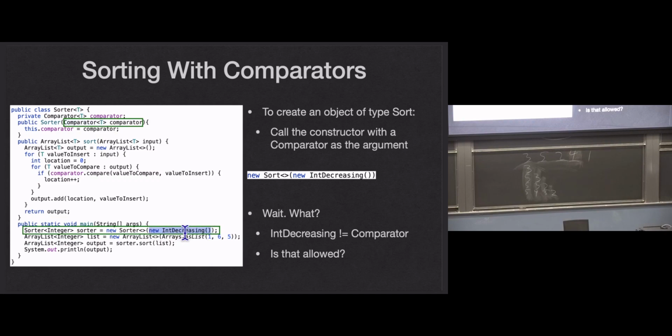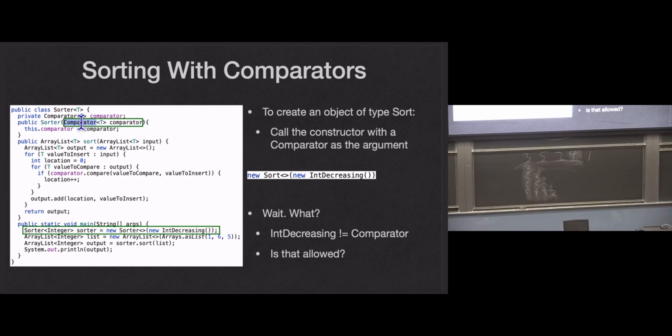The reason specifically that this works is because int decreasing extends comparator. So int decreasing gets all of the state and behavior of comparator, but it's actually a little stronger than that. Int decreasing actually is of type comparator. It inherits the whole type itself, too. So wherever I need a comparator, I can actually provide int decreasing.